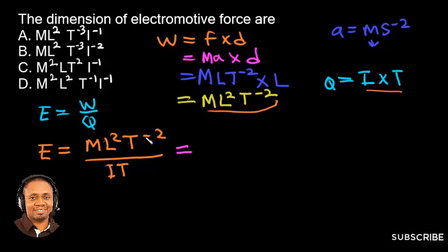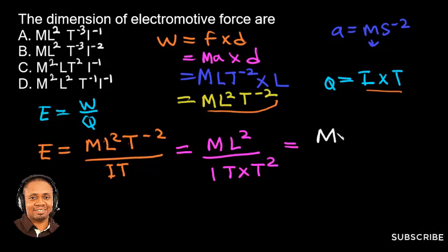Okay, so the T raised to the power minus 2 will come down to the denominator. So we have M L square over I T times the T square, that is the one that came from the numerator. Okay, so we're approaching the final answer.